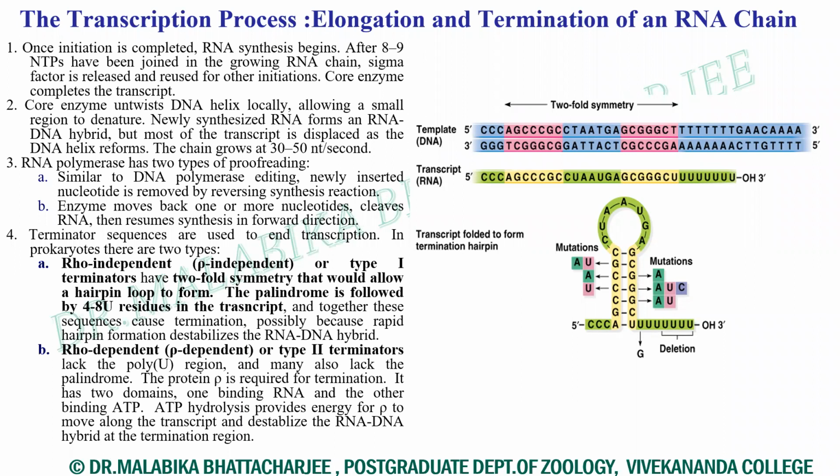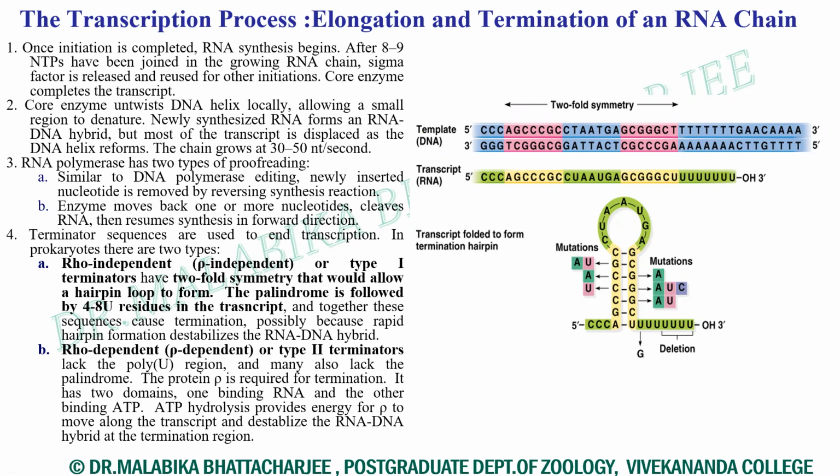For Rho independent, when the Rho protein is not being used, so when termination is being done in that manner, you see that the DNA in the terminator region has a two-fold symmetry.